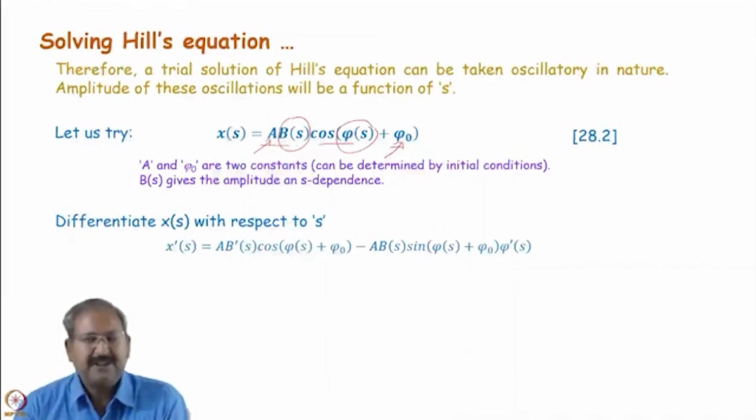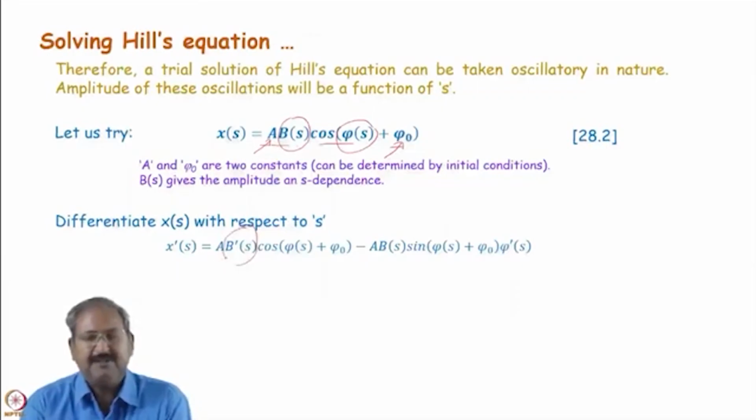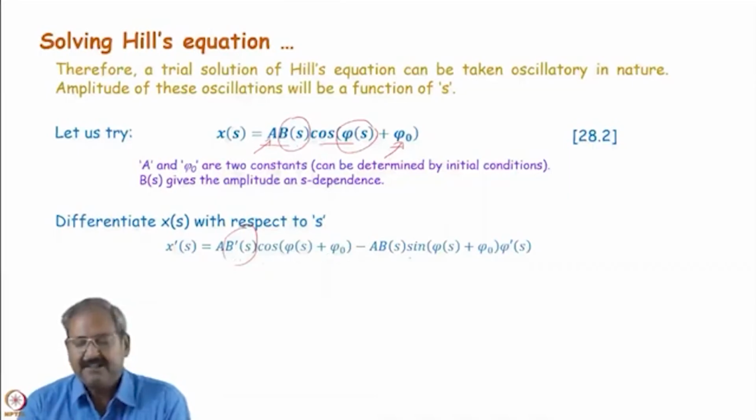So differentiating x with respect to s, we will get, now here the amplitude itself is a function of s, so we have differentiation of this amplitude also. So A B prime cos of phi s plus phi naught minus A B, this is the differentiation of the cosine term, so sine of phi s plus phi naught into phi prime. This is the differentiation of phi with respect to s.